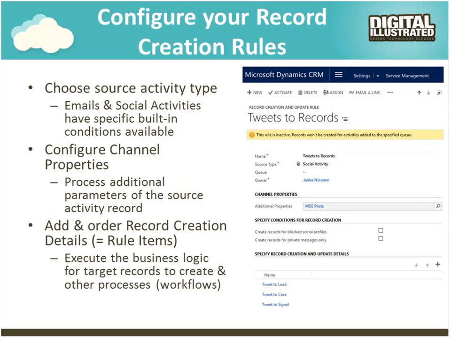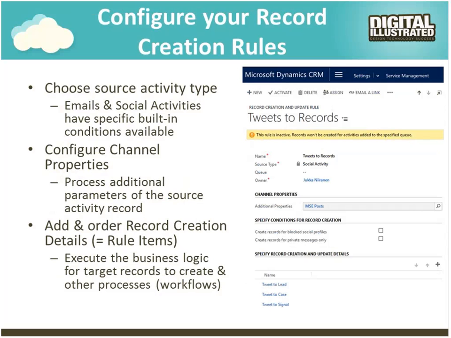In that record creation and update rule, first of all, we need to choose which activity type this applies to. The reason is that there are a few built-in options that are specific to the email channel and the social activity channels. We could have this for any custom or standard activity type in CRM, even phone calls or appointments if you want. There will be some filters that you can apply for social activities.